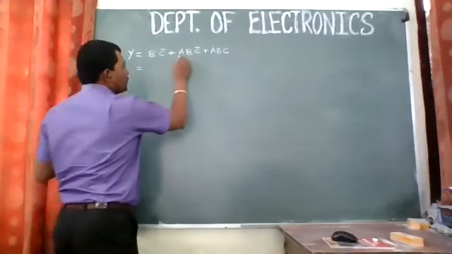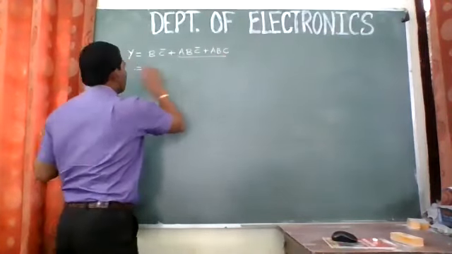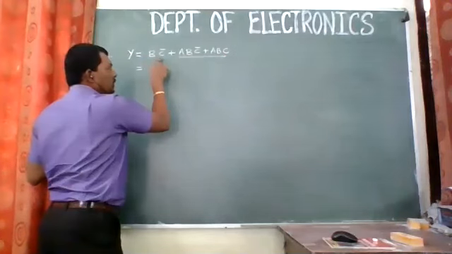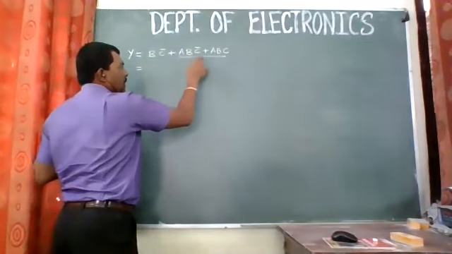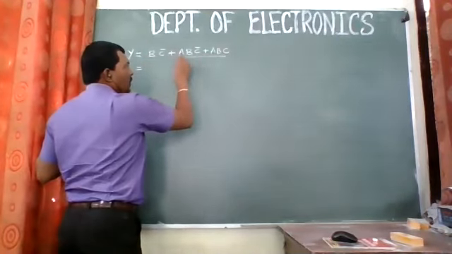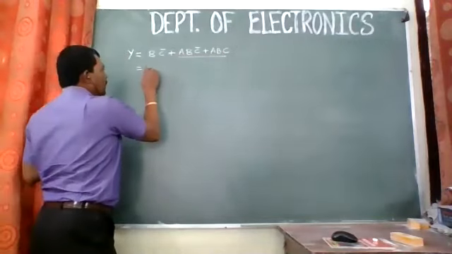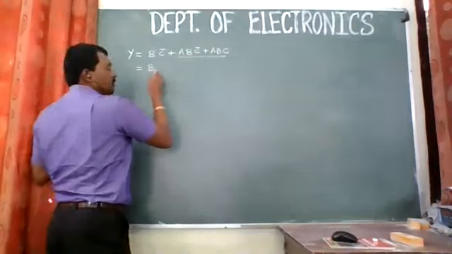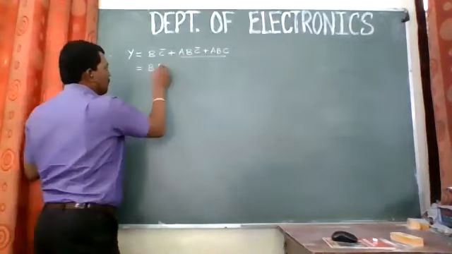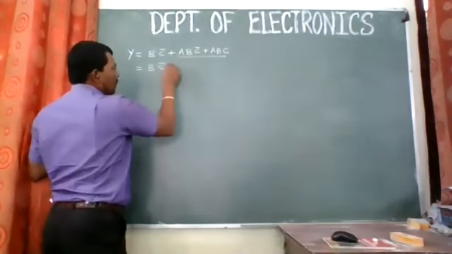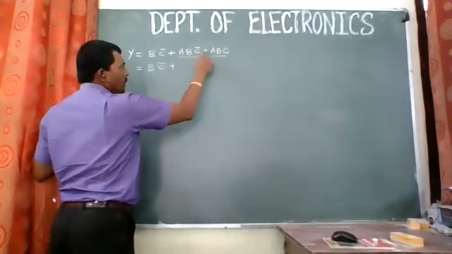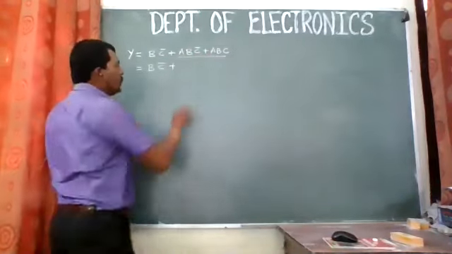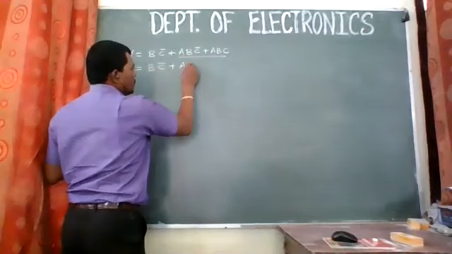So let us begin with this equation: Y equal to B dot C bar plus A B C bar plus A B C. Here, if you apply the distributive law, factorization is possible. B C bar plus, here A B is common, so I can take this as common.